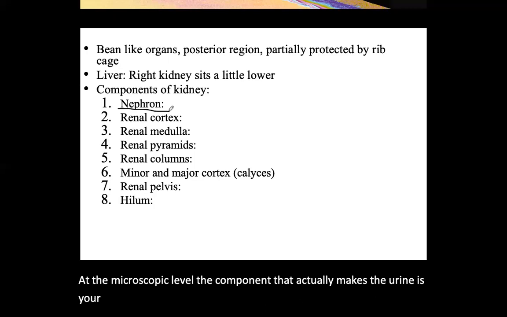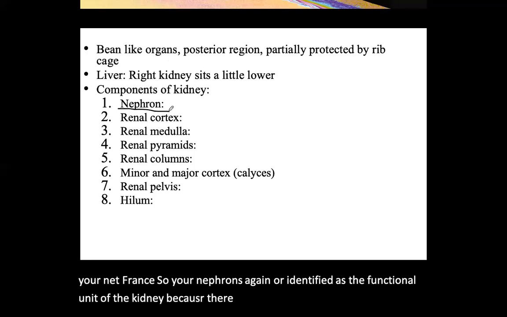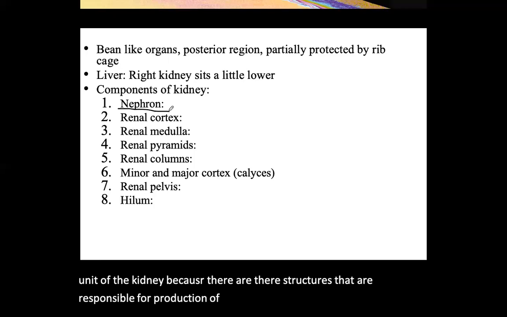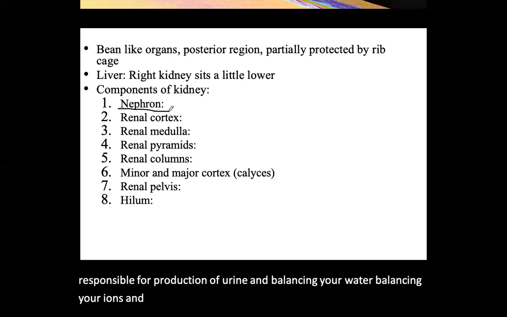So your nephrons are identified as the functional unit of the kidney because they are the structures responsible for production of urine and balancing your water, balancing your ions and salt, balancing your pH, getting rid of your waste products.